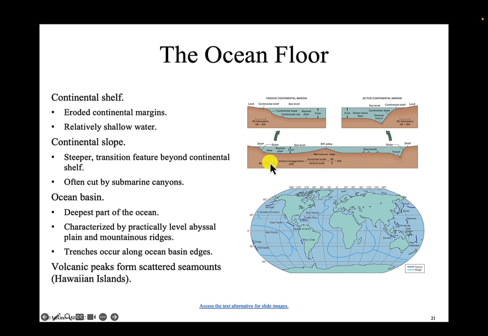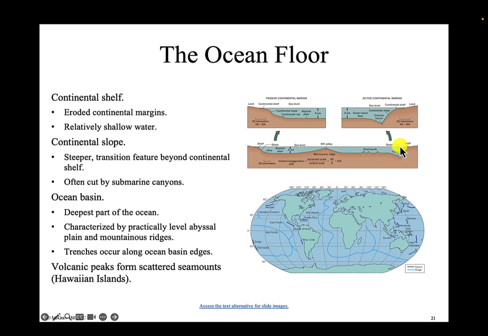Okay, so this figure is just representing the presence of the continental shelf. Then you have the slope, and then you have the ocean basin, which will have the abyssal plain, which is literally the ocean floor, and the ridges or even the trenches as well.